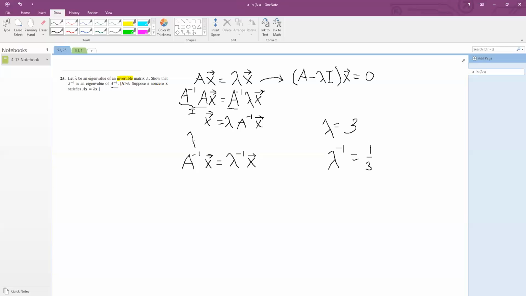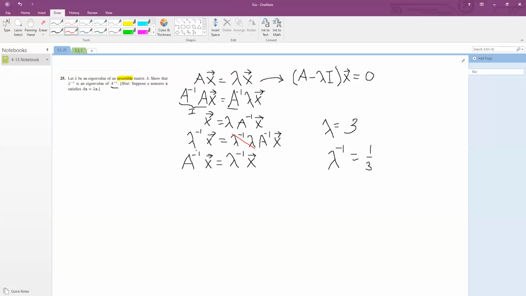So let's try that. We have lambda to the -1 times x equals, and then we have lambda to the -1 times lambda, A to the -1, and then x. These things are going to cancel, since we have an inverse, and we're just left with the result.